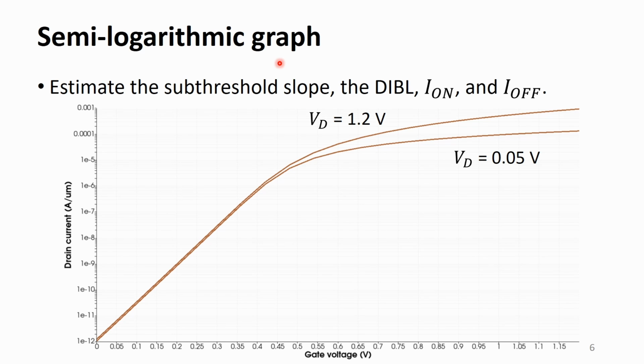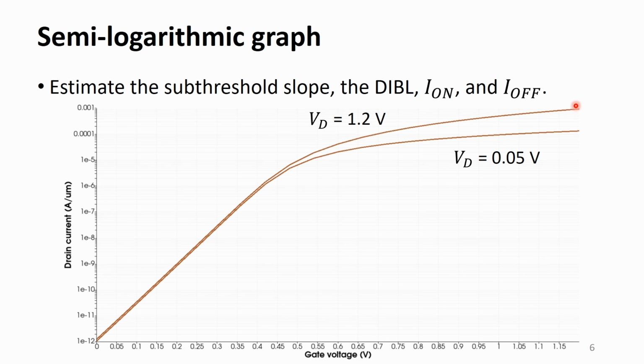From this graph, you should be able to estimate the subthreshold slope, the DIBL, the on current, and the off current. The subthreshold slope is worse than the ideal value of 60 millivolt per decade. It is because we have a highly doped substrate. The DIBL is almost negligible because we have a long channel device.